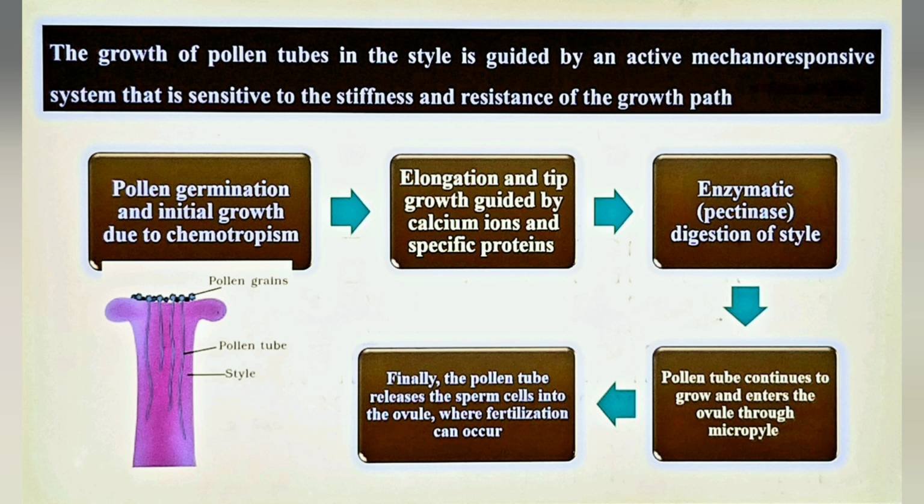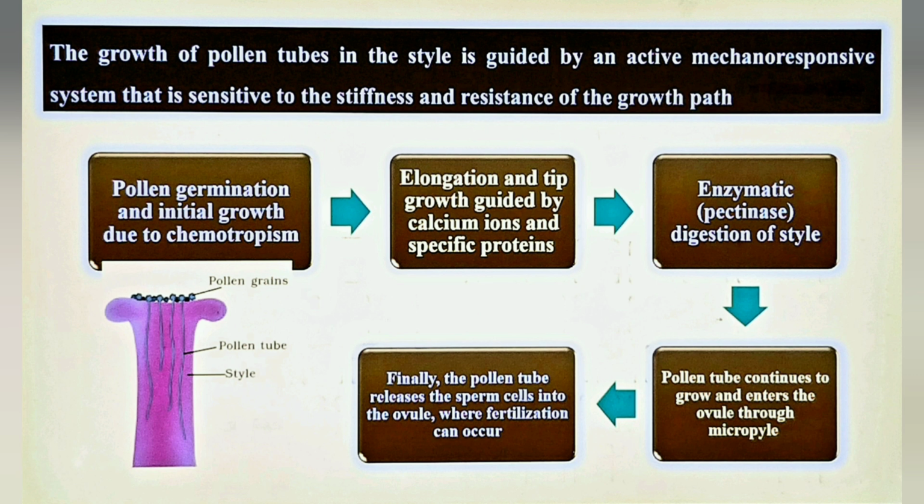The growth of pollen tubes in the style is guided by an active mechano-responsive system that is sensitive to the stiffness and resistance of the growth path. So first, pollen germination and initial growth occur due to chemotropism. This is followed by elongation and tip growth guided by calcium ions and specific proteins.